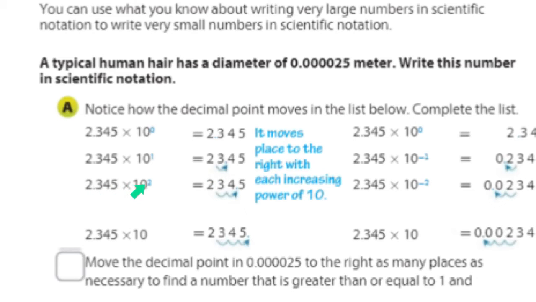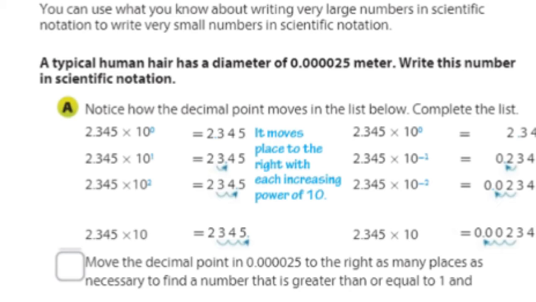And when you move it 2 spaces to the right, the number is even larger. So they want you to notice that as the decimal point moves to the right, the number gets larger because these are positive exponents. As the decimal point moves to the left, the number gets smaller because these are negative exponents. So a positive exponent indicates a large number, and a negative exponent indicates a small number.